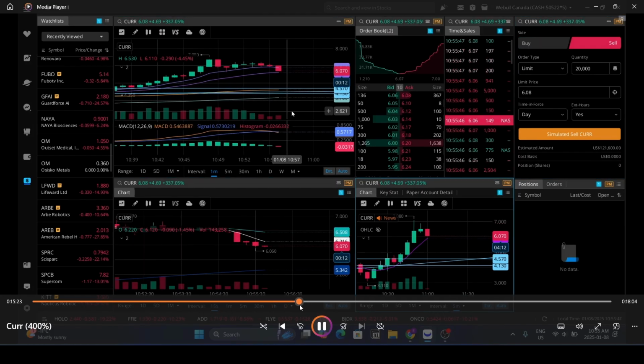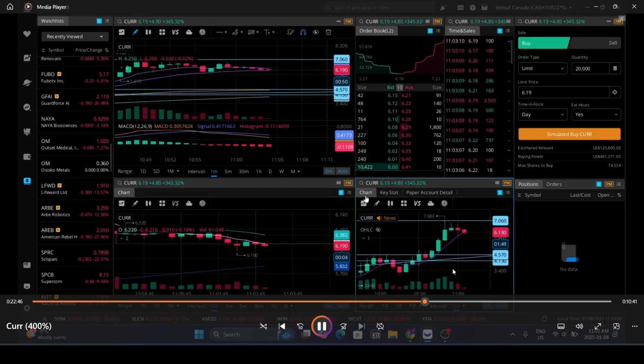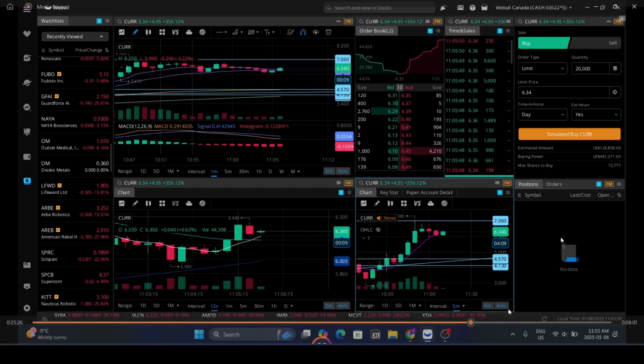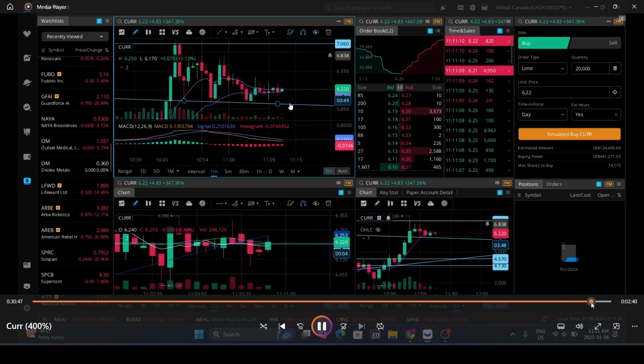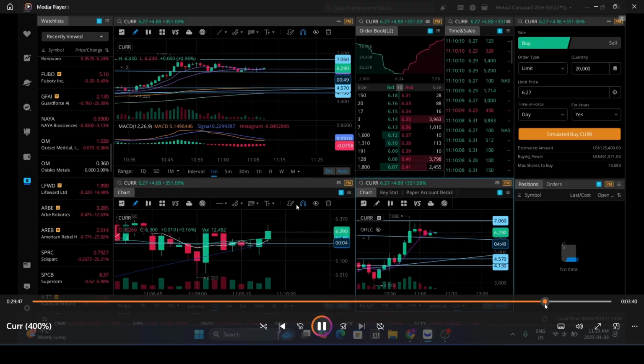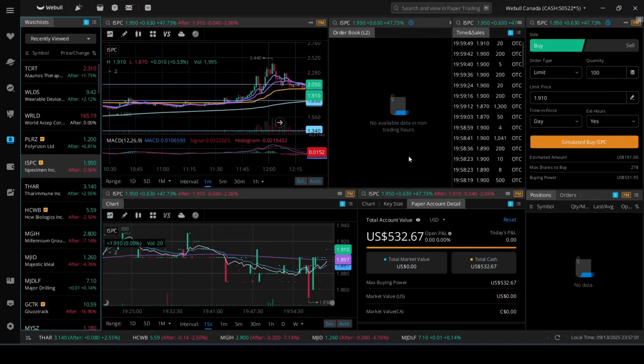Maybe it could be a good ABCD pattern, but it looks like it broke even below. And then on the 5-minute, you could also see it has 3 topping tails, and it's just choppy at that point. I would assume that the stock would be more choppy at this point. It looks like it is going sideways for the most part, but yeah, that's how I would use the level 2 in order to determine how and where to buy a stock, right?